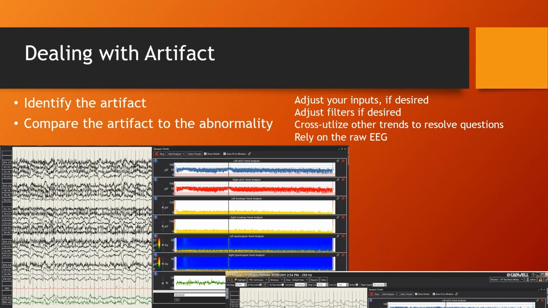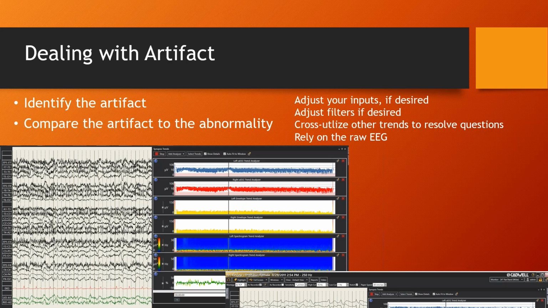My cursor is on this peak that shows a lot of muscle activity in the raw EEG. And I don't see a tremendous amount of anything significant in the envelope trends below it, left and right, even in the left and right spectrogram.